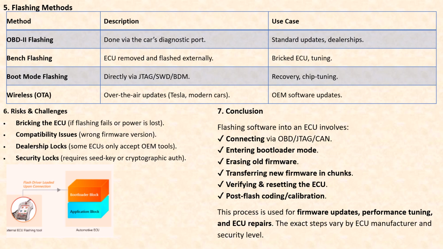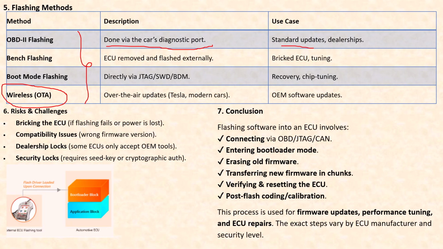All right, now we have seen the types of flashing. Let's briefly touch upon the summary. One is OBD flashing, next is bench flashing, boot mode flashing, and wireless flashing, which is the OTA. This is the most state of the art software flashing method, especially used in ADAS. Okay, OBD flashing is done via the car's diagnostic port.